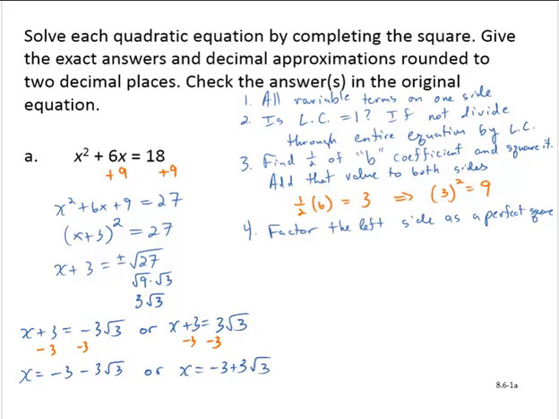Now those are exact values, but like before, we can approximate them. So negative 3 subtract 3 times the square root of 3 gives me approximately negative 8.20. And negative 3 plus 3 times the square root of 3 is approximately 2.20.